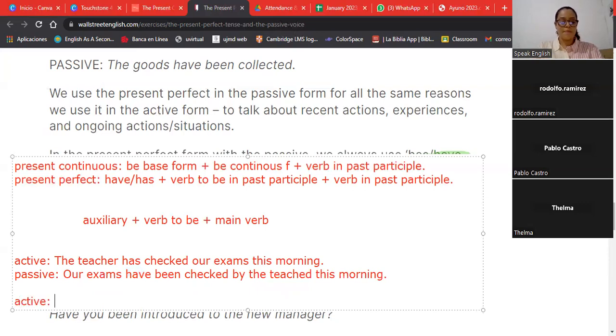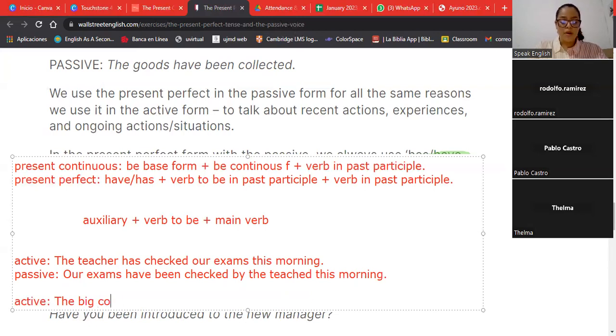Another sentence. I'm gonna put another sentence. Active voice. This is gonna be larger. Hold on, I forgot this word.